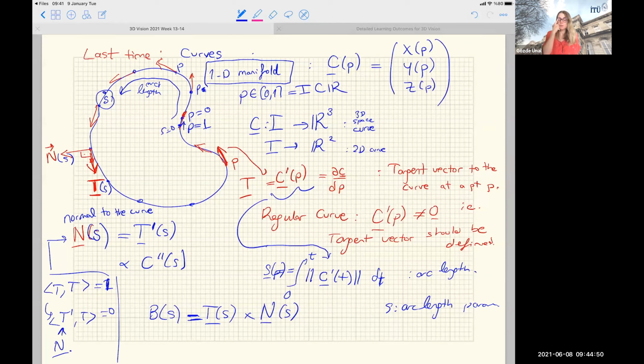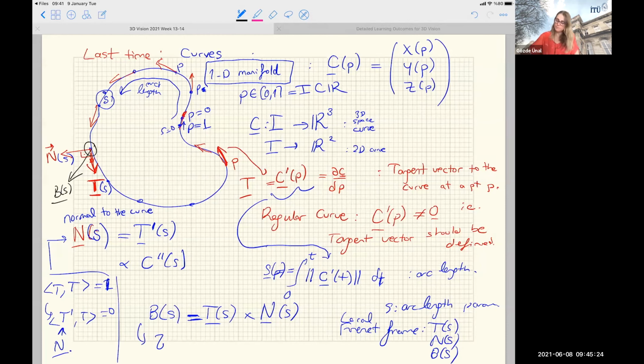This is important because it lets us also define a local coordinate frame in 3D, the Frenet frame, remember, the local Frenet frame for a curve. It consists of T of s, N of s, and B of s, these three. So B now comes out of the plane here. Let's say it's something here, B of s, like this.